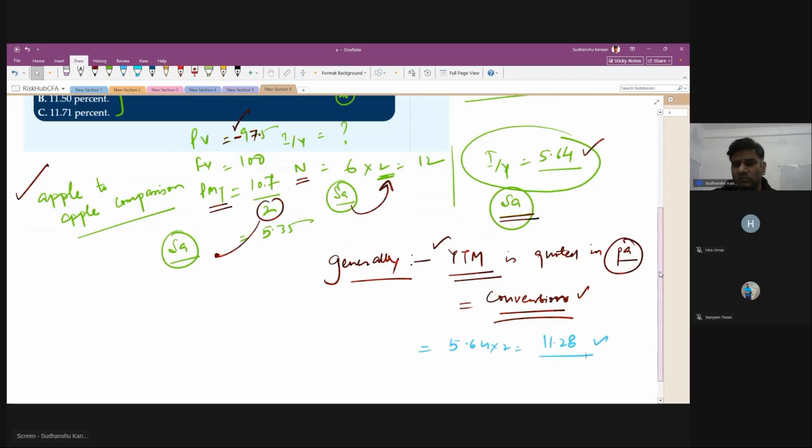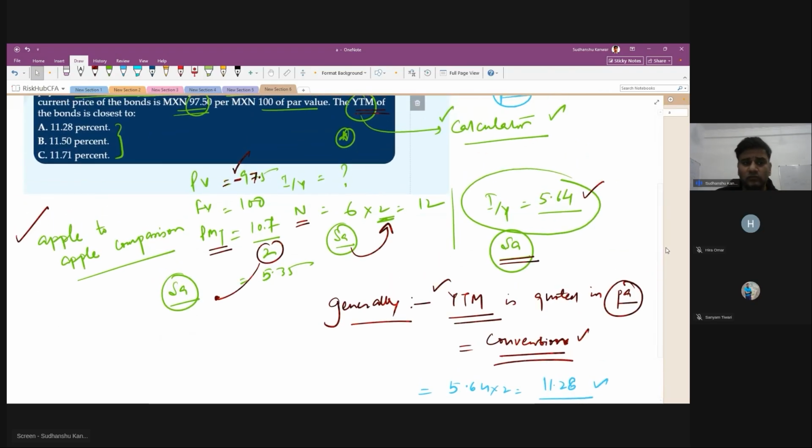So remember, these are all small things that trouble especially new students like you guys coming into the financial world. Remember the convention. My point here is that it's an apple to apple kind of thing. If you put an apple in the machine, don't expect orange juice to come out.